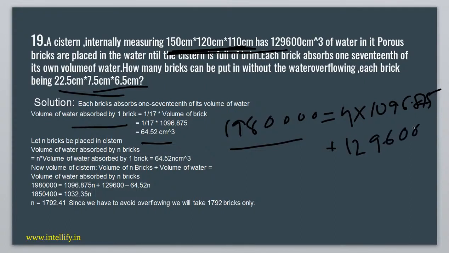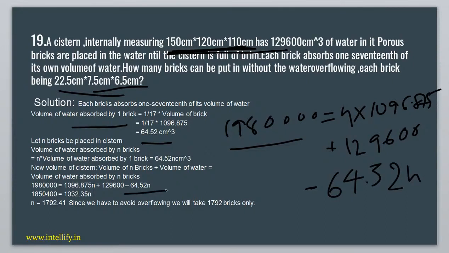129,600. Since some of the water was absorbed by the porous bricks, and the volume of water absorbed by one brick is 64.52, we have kept n bricks, so we will subtract the water absorbed by the porous bricks from the total volume of water, 625 n, which is given here.